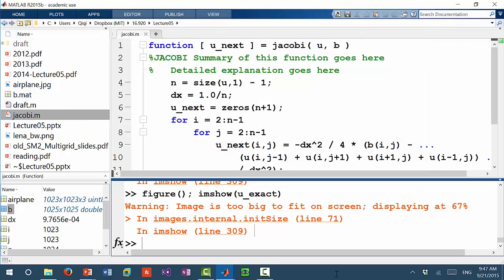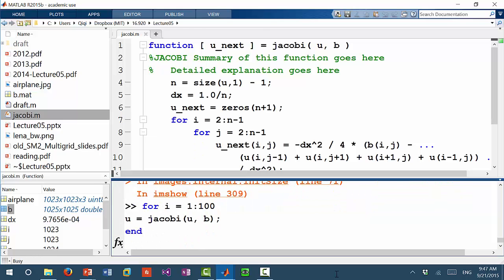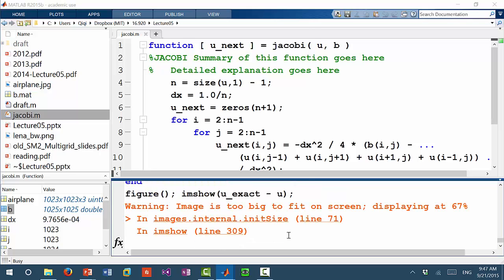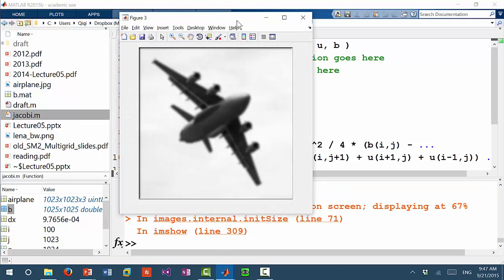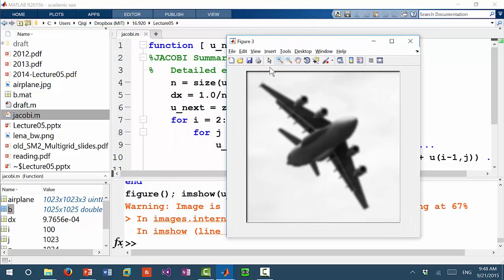To make it more obvious, let me do 100 iterations. Now you can see more clearly. What is this orange over here? I must be doing something wrong on the board.